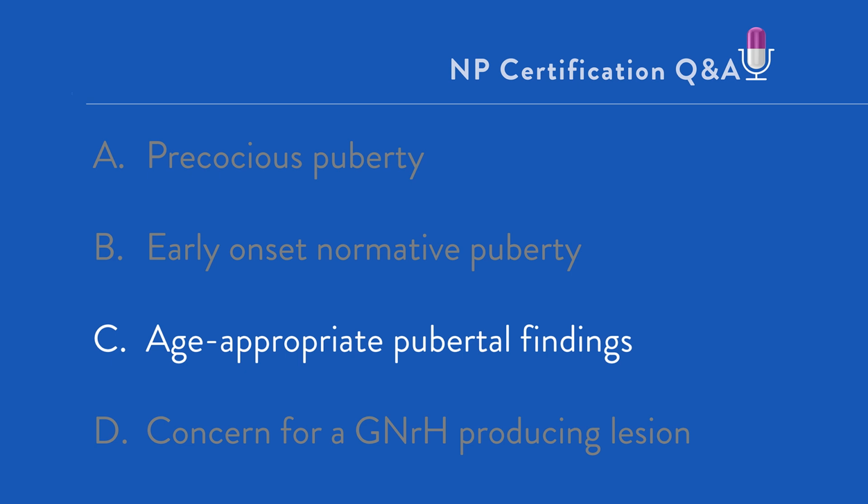Regardless of birth gender assignment, Tanner's 2 marks the onset of pubertal changes. This question in the podcast is focused on recommending the normative pubertal onset versus what would be of concern. In females, the earliest Tanner's 2 changes include breast budding, and the development of what looks like pubic hair but tends to be shorter, straighter, with light pigmentation and along the labia majora only.